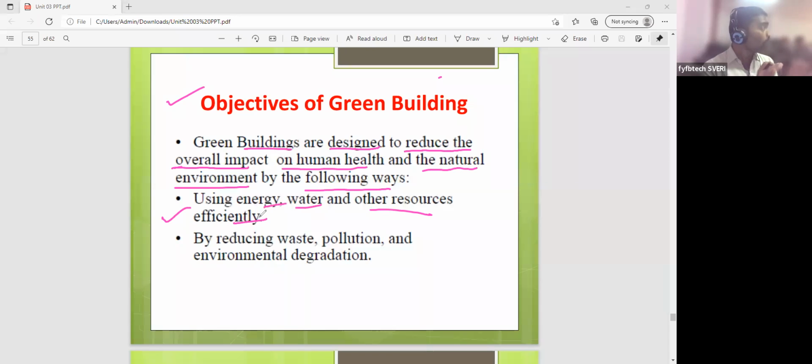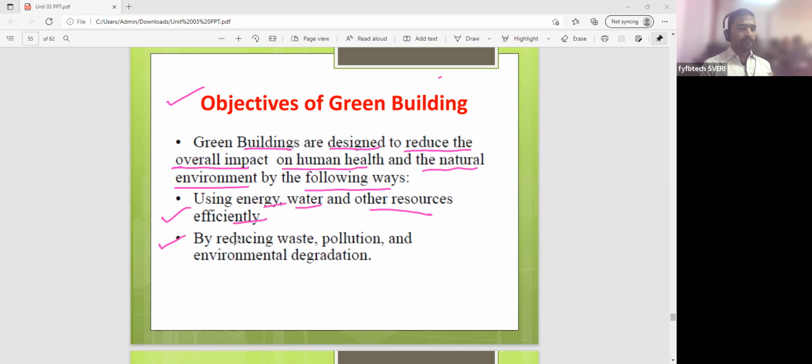We are not supposed to waste natural resources, whether water or electricity or anything. Whenever it is in use, you utilize it, and whenever it is not in use, you turn it off.